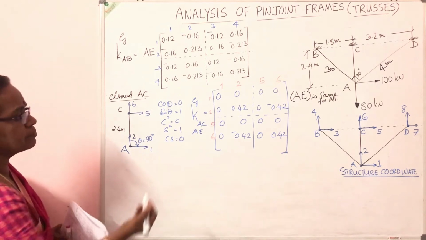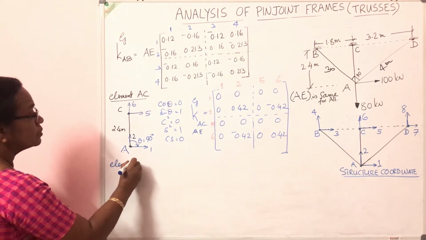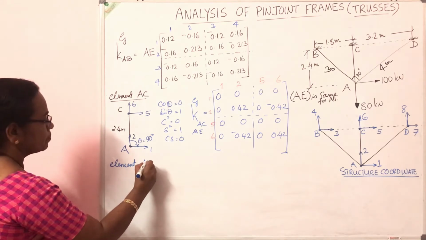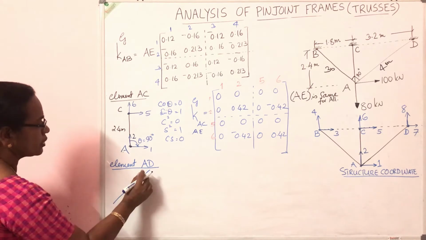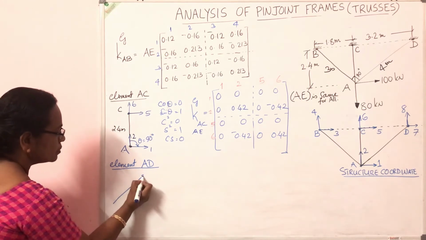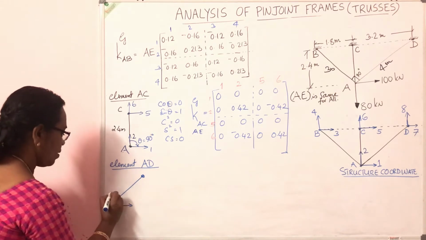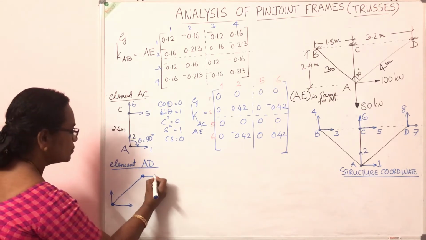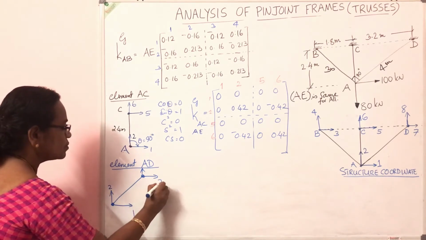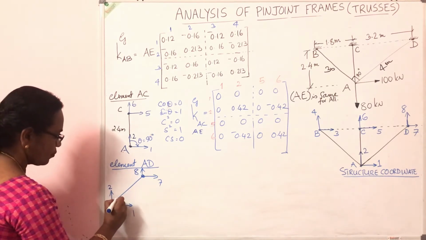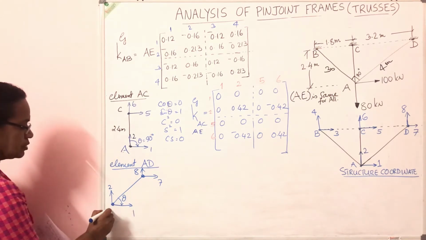Now coming to the third element. Third element is element AD. This is the position of element AD. This is the direction. Coordinates are 1, 2, 7, 8. So from the element to the x positive at the first node, this is theta.